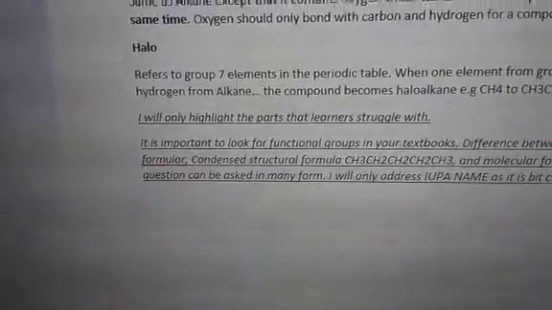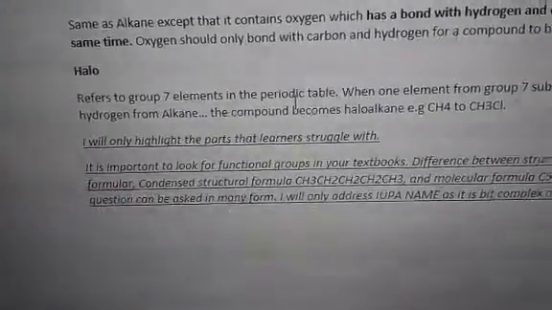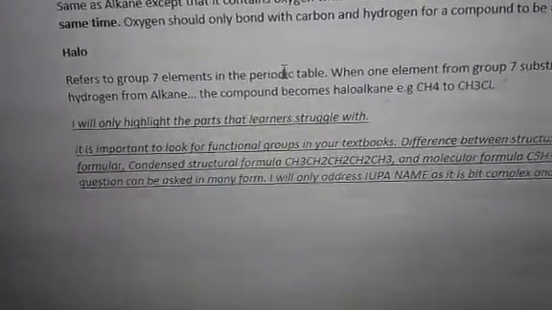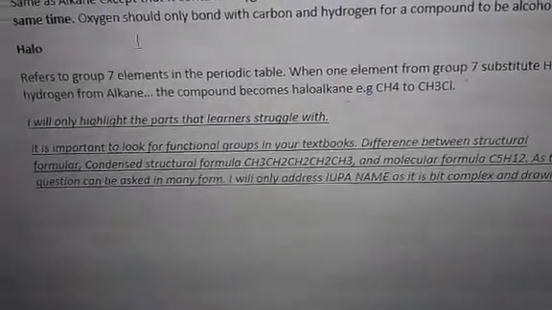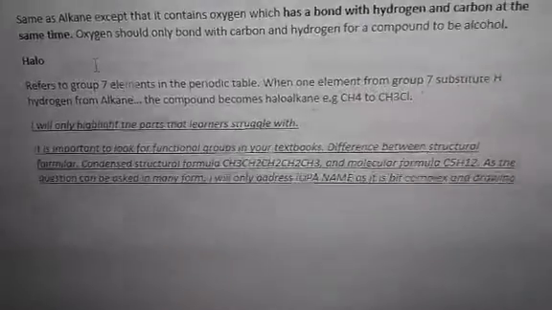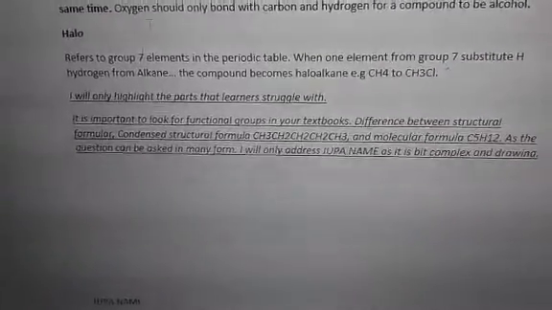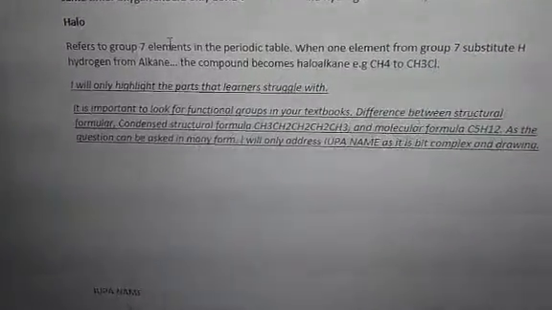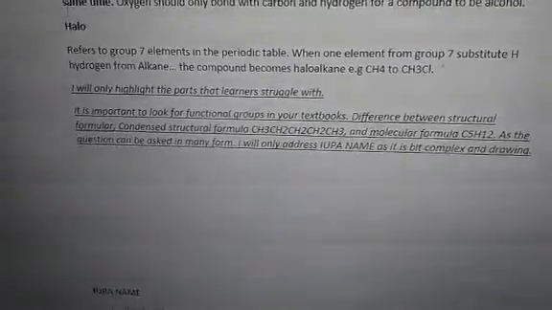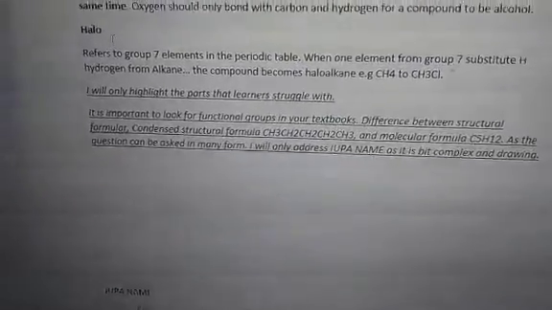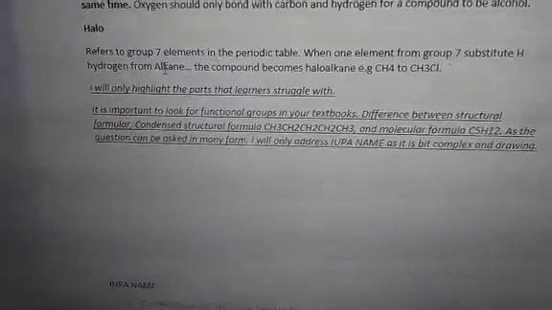Halo refers to group 7 elements in the periodic table. Whenever you have an element attached to any compound, then you call that compound halo. Meaning, if it's an element attached to an alkane, it's going to be haloalkane.